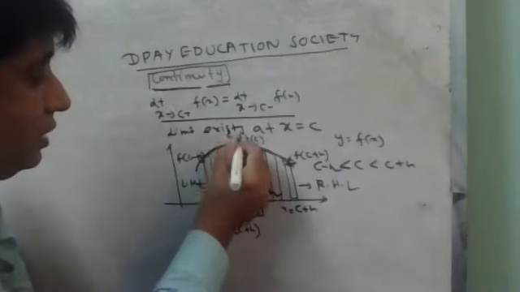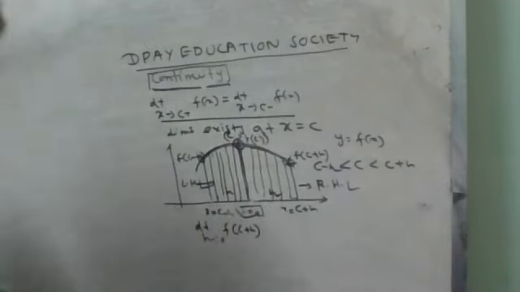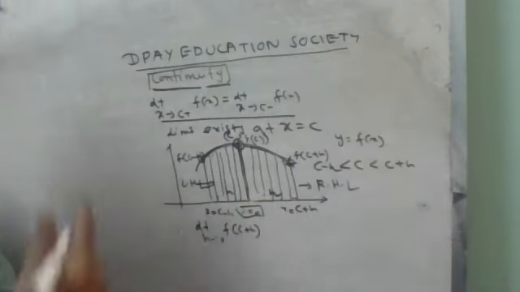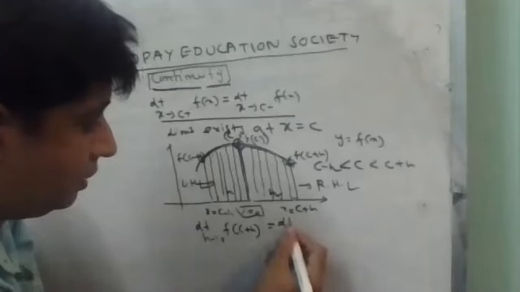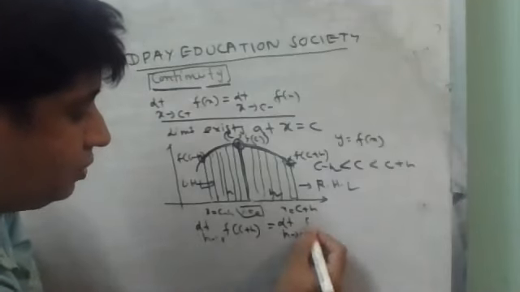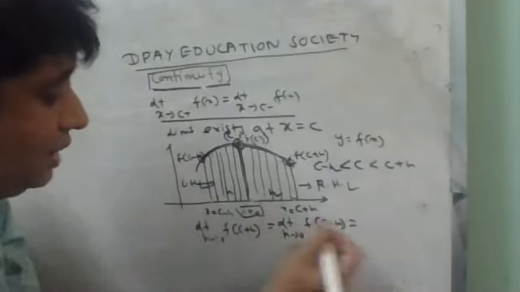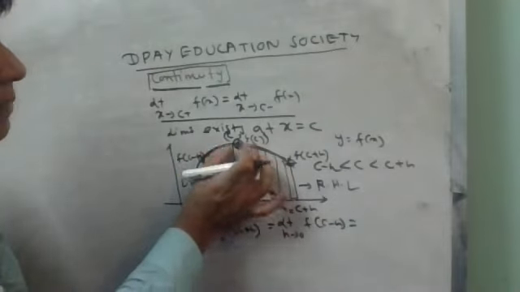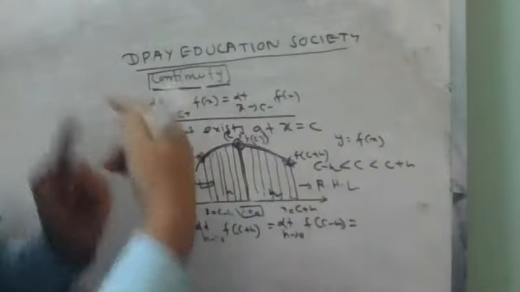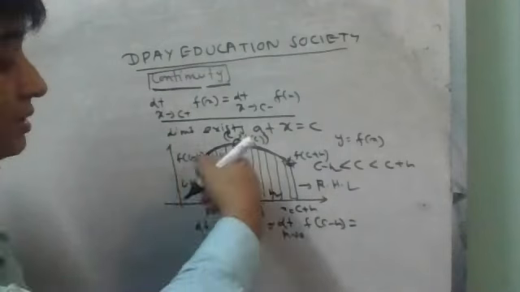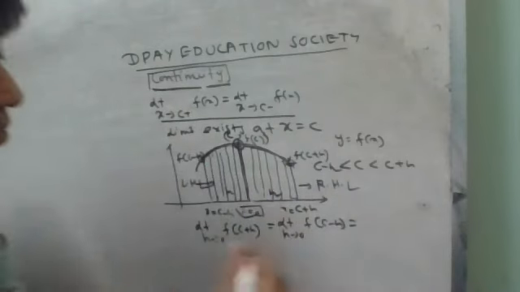This point's coordinate is (c, f(c)). That means h is being reduced, and up to what extent? h tends to 0. Limit as h tends to 0 of f(c minus h). If from both sides they approach and fall on each other, then I can say the curve is smooth or continuous.